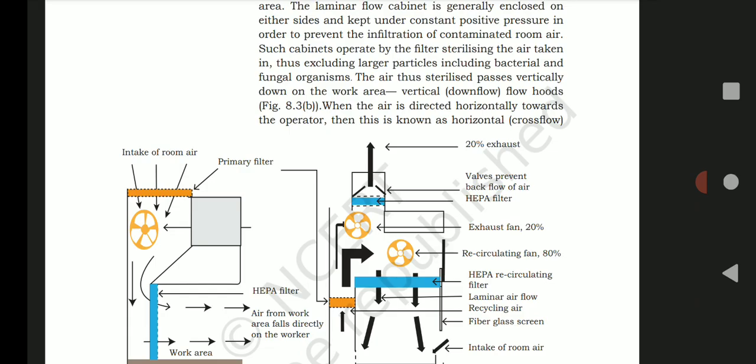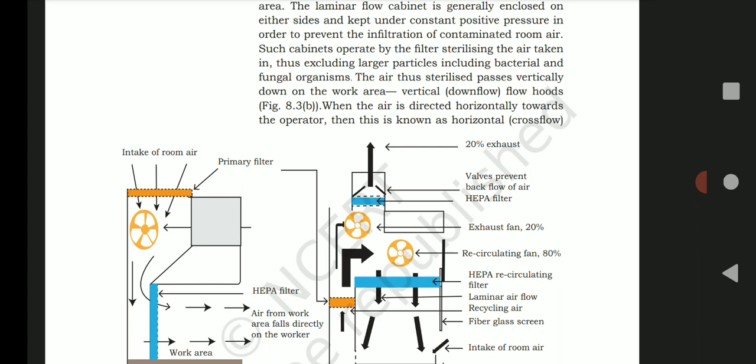Horizontal means the air flows in a horizontal direction, goes upward and exits, just like a chimney in a house. When we cook, the vapors from the cooking area rise to the top and go out through the chimney.